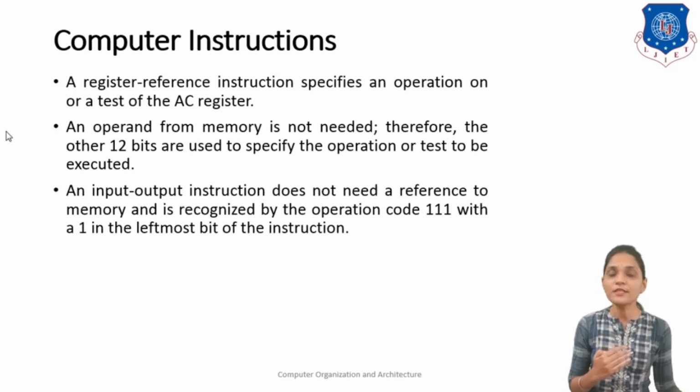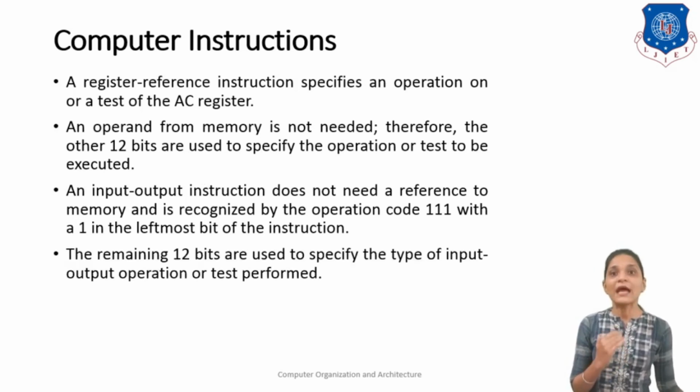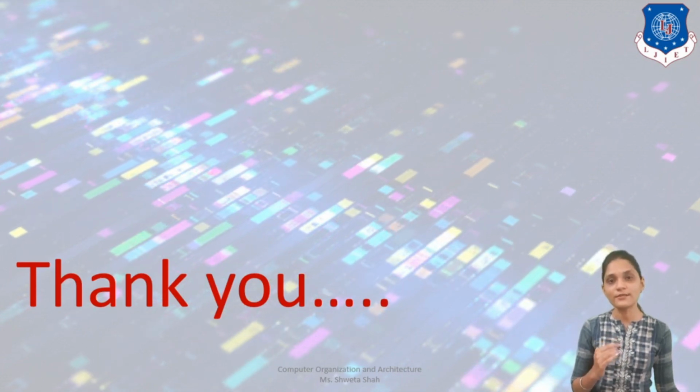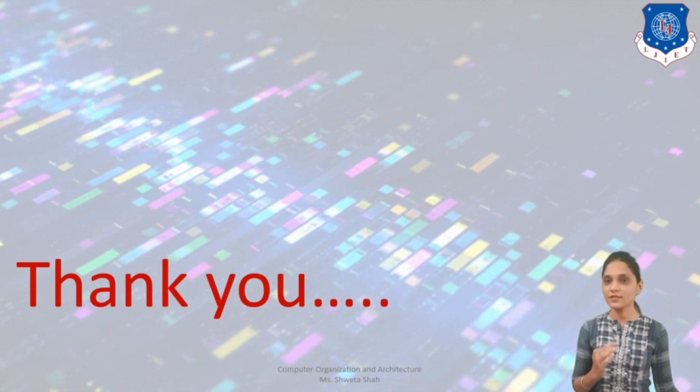An input output instruction does not need a reference to the memory and is recognized by the operation code 111 with the 15th bit 1, and the remaining 12 bits are used to specify the type of the input or output operation or the test to be performed. So in this way we can use these input output, register reference or memory reference instructions.